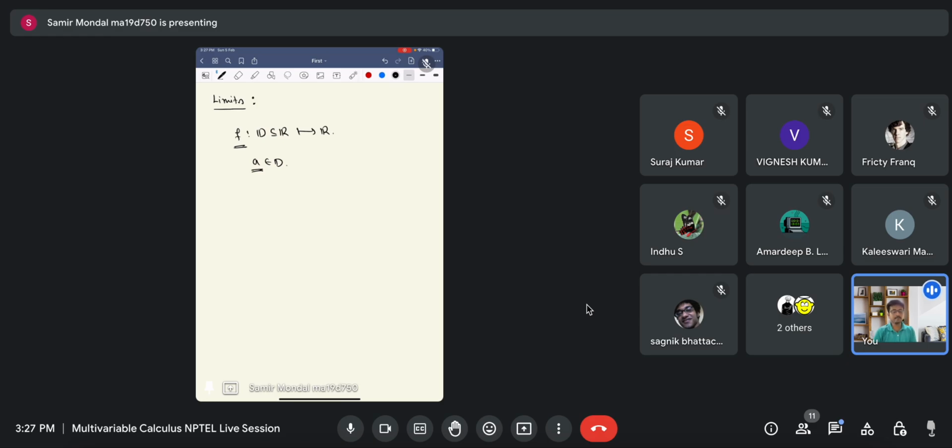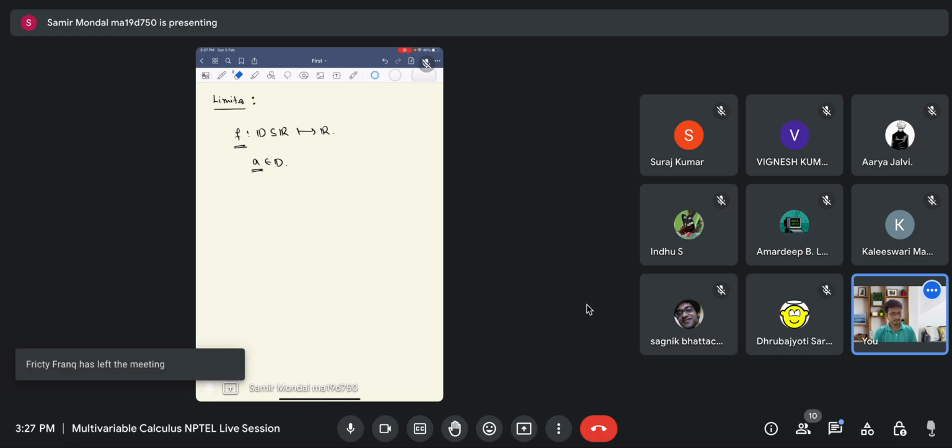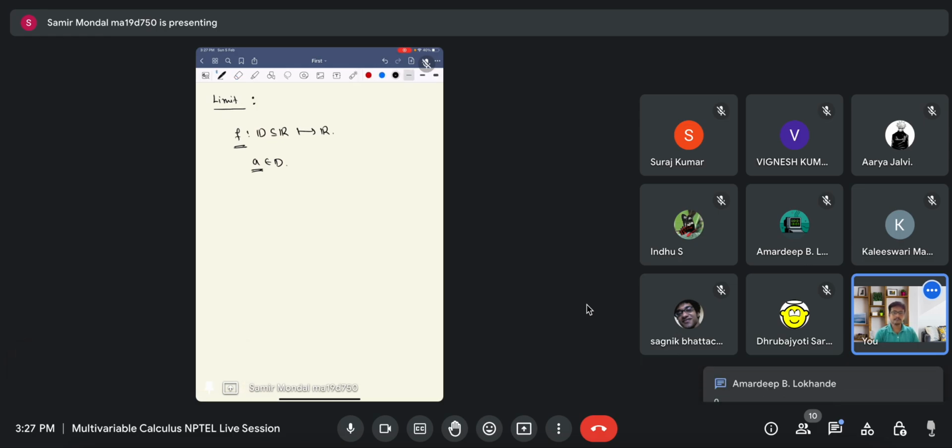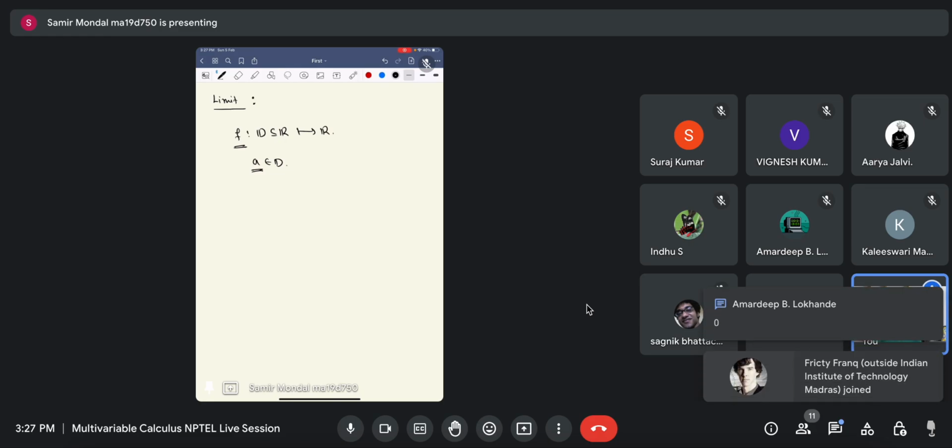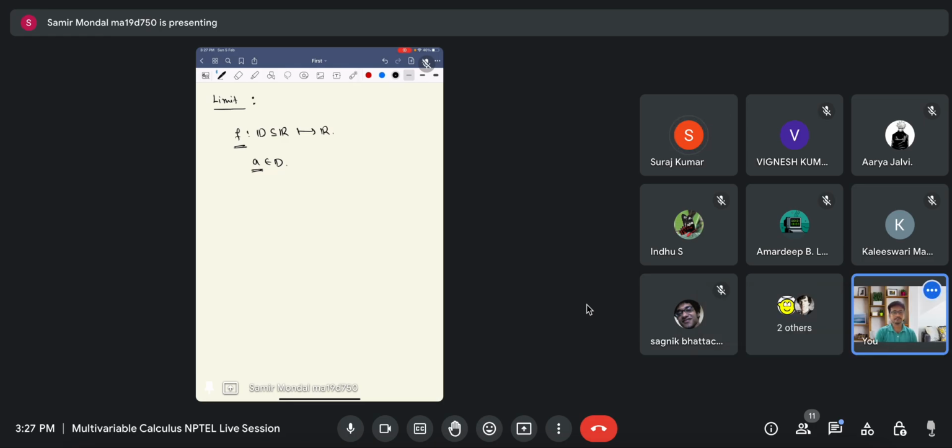This is for one variable functions. No, I am asking what is the meaning of the limit of a function at a point a for a one variable function.